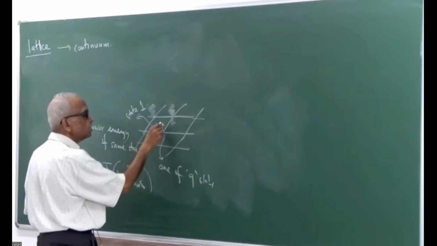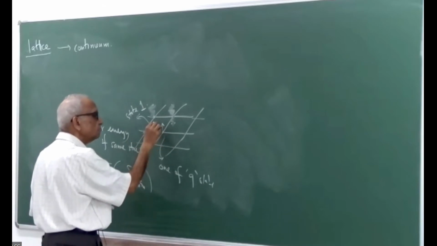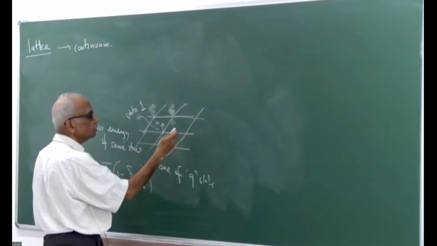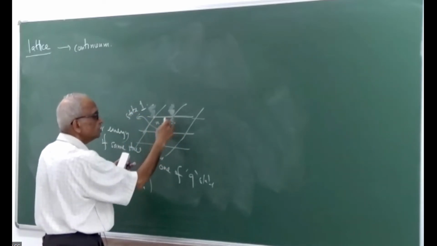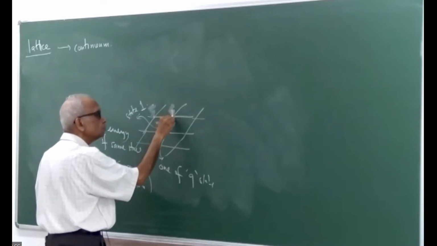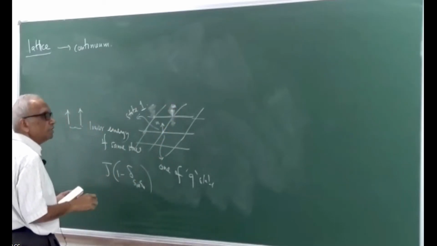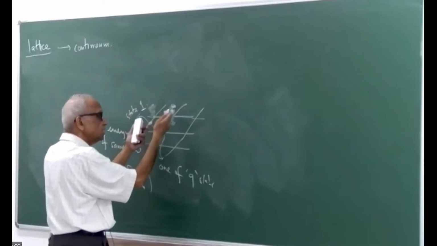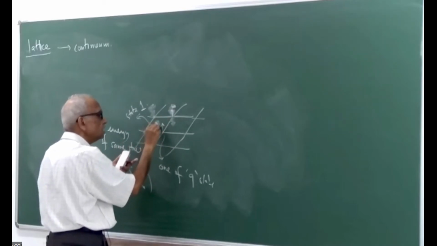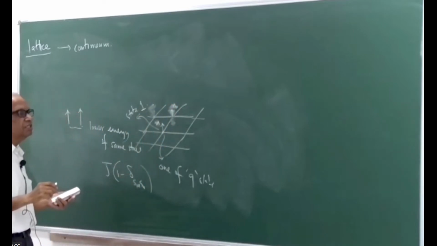So of the Q possible states, if this lives in a state M, then for this interaction energy to be 0, this one has to be in that same state M. It is the same 0 if this one happens to be in a state N and this happens to be in a state N.